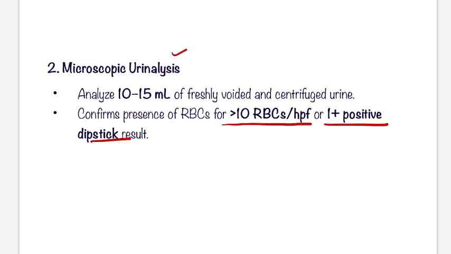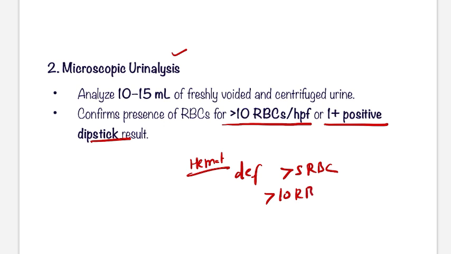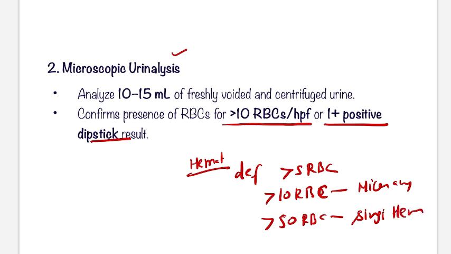Just remember, for hematuria definition, it should be more than 5 RBC. Yes, it is the definition. Then more than 10 RBC is actually seen in microscopic analysis, and more than 50 RBC is significant hematuria. So just remember these three facts.